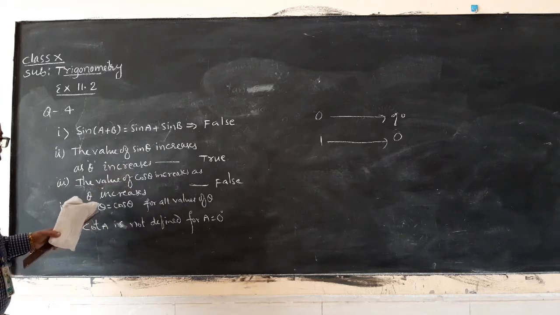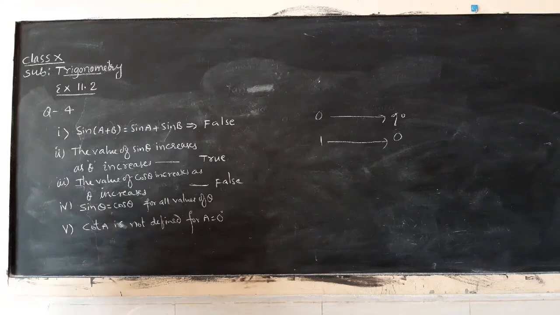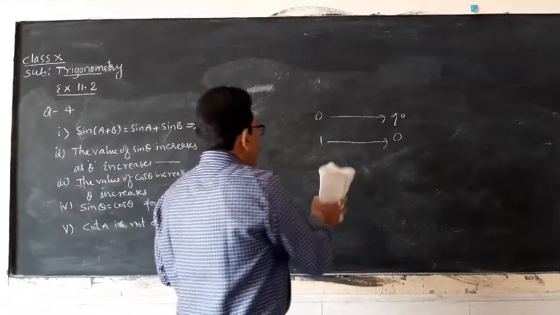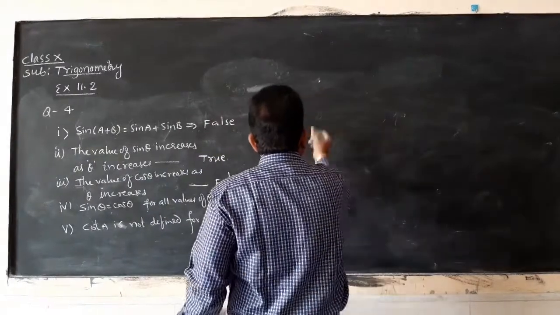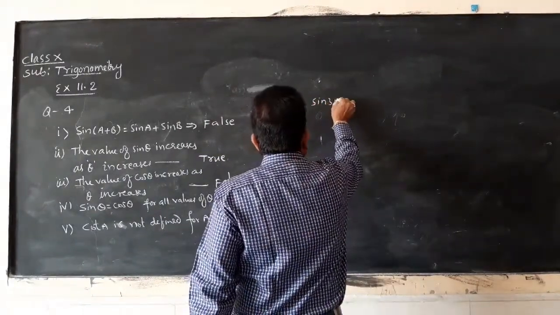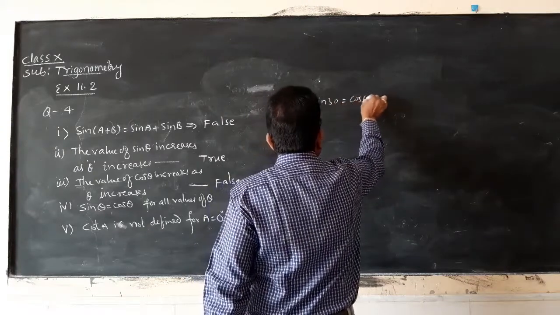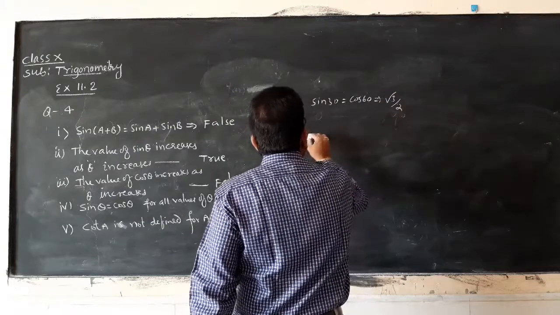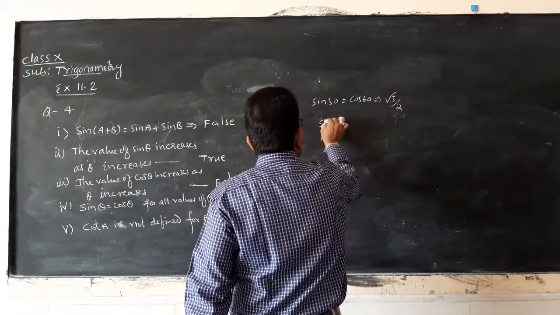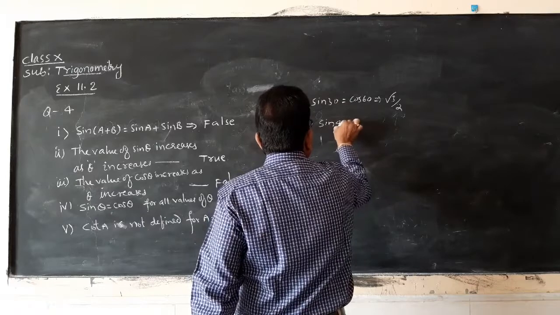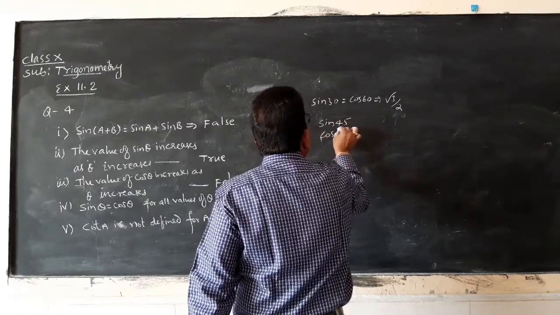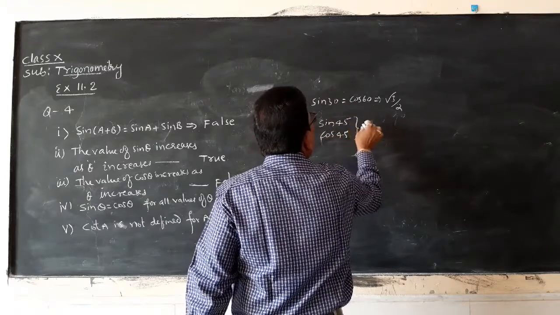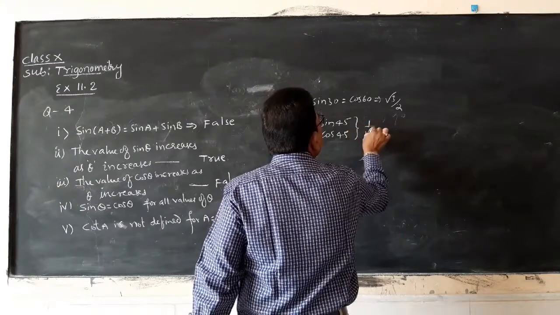So now the fourth one, sin theta equals cos theta for all values of theta. See, we know sin 30 equals cos 60, that is 1 by 2. Then sin 45 and cos 45 are both 1 by root 2.